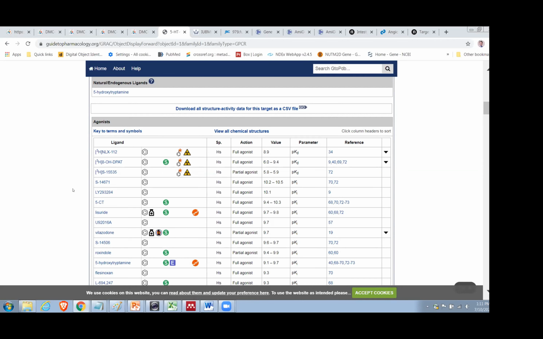We first look and see, okay, has it been mapped in our resource, and if it's been mapped, then wonderful. If it hasn't, then we go back into the research literature and find a particular article or study where it has been mapped to a specific node. So that's receptors.